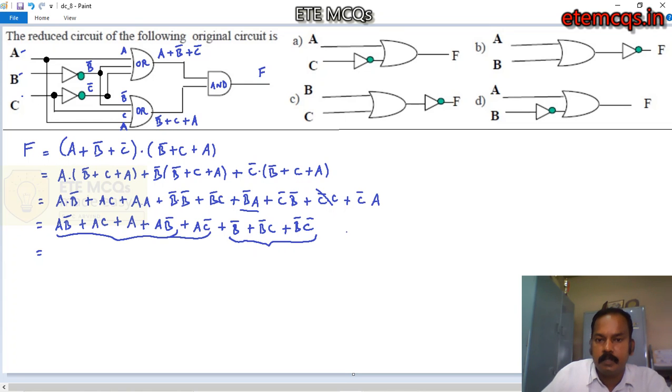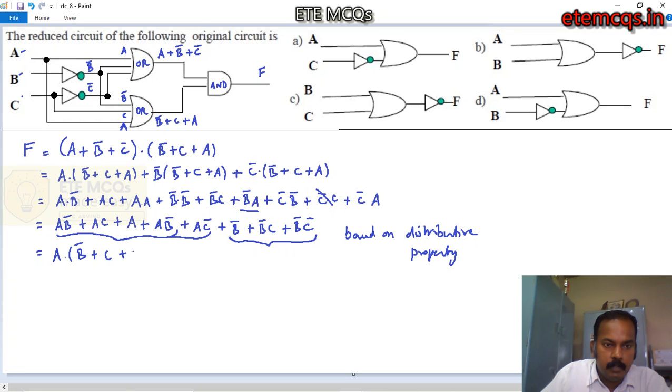Now based on distributive property, the above expression can be rewritten as A Boolean AND with B bar plus Boolean OR with C, Boolean OR with 1, Boolean OR with B bar, Boolean OR with C bar.